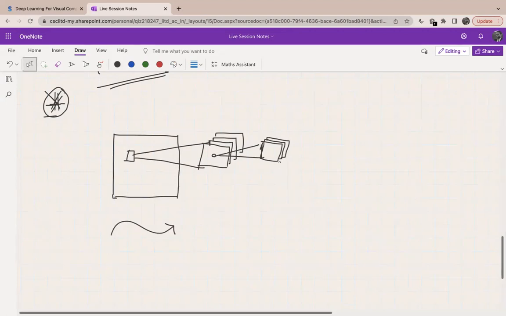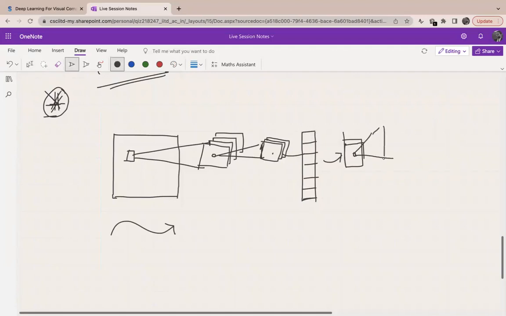But a convolutional autoencoder looks like this: from here we do a fully connected layer, and that fully connected layer is then reshaped to get an image, and from here we do deconvolution.